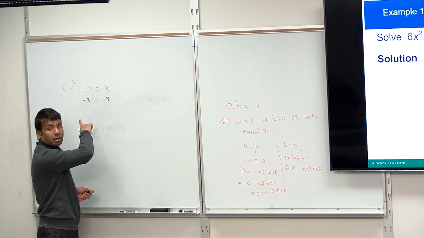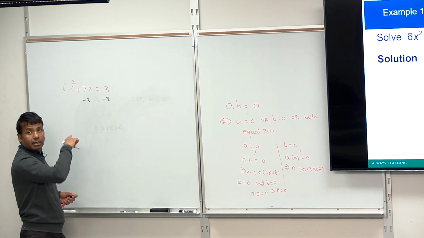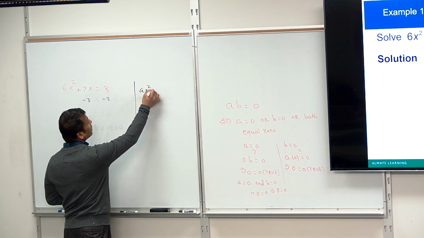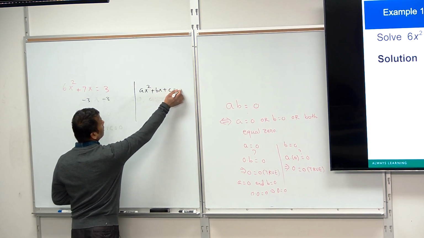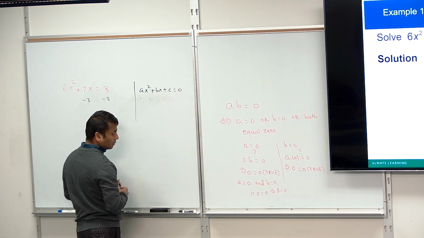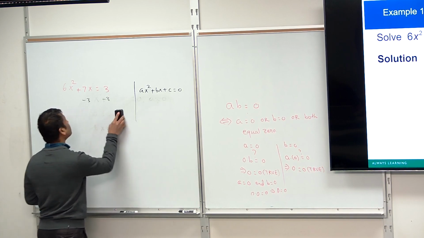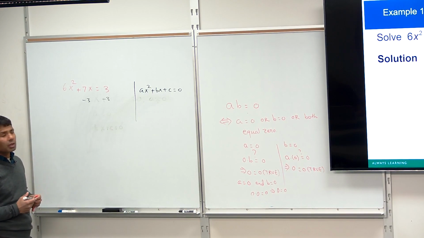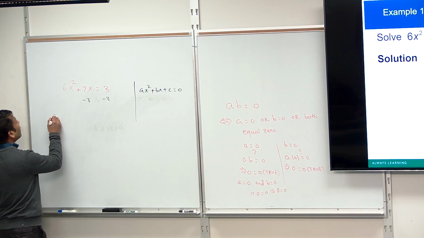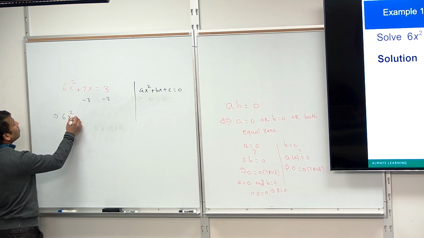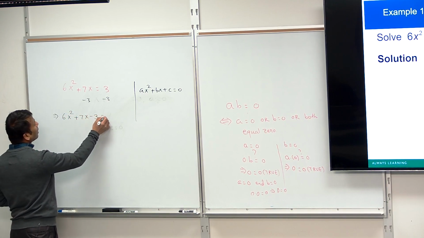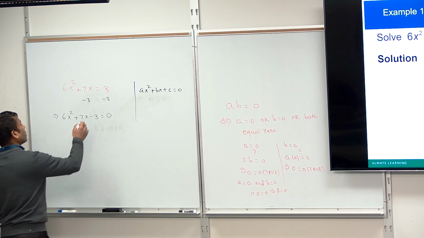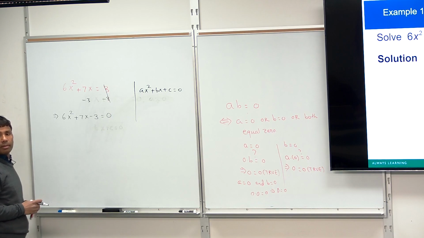Because I want to rewrite this in standard form, ax squared plus bx plus c equal to 0. So now it will be 6x squared plus 7x minus 3 equal to 0, because the 3 and negative 3 cross out.